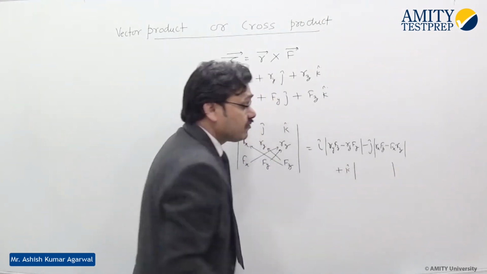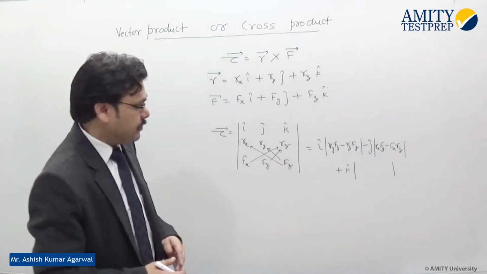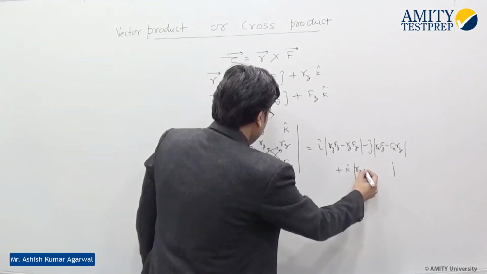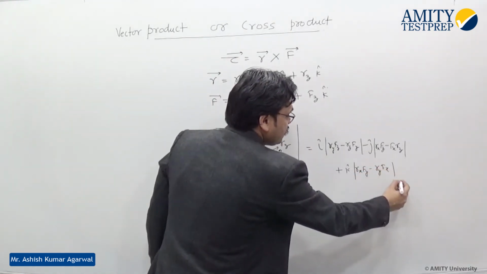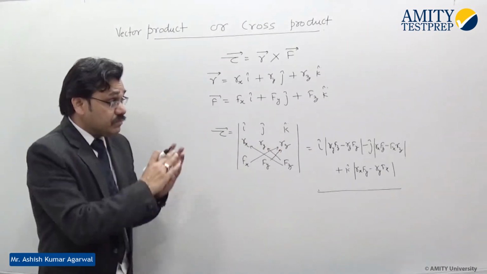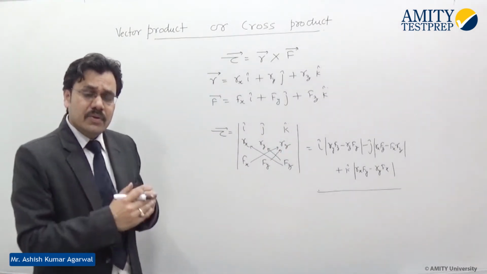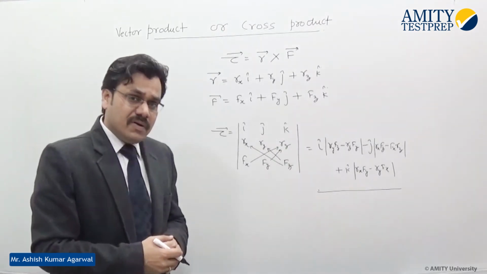Again you hide the column and row of the k cap. If you hide this, you get Rx into Fy minus Ry into Fx. So this is the method of cross multiplying two vector quantities.